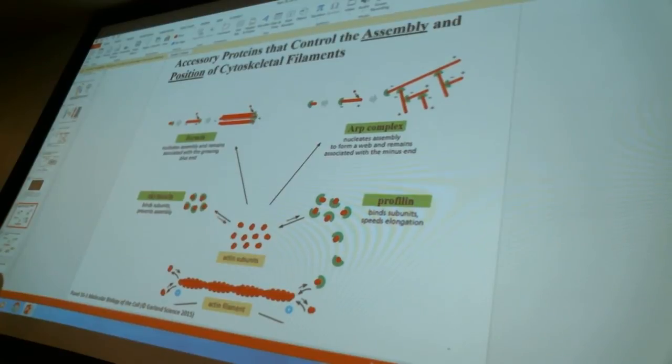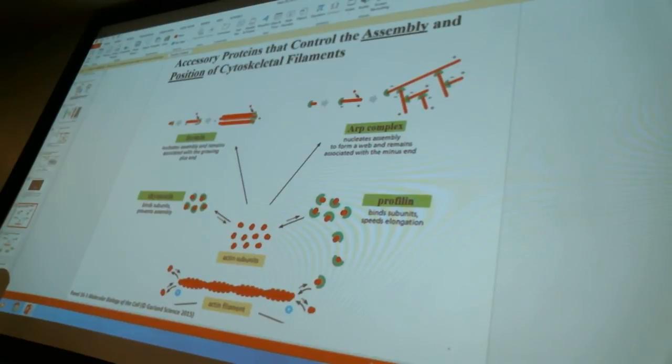So here's an example of a large family of accessory proteins that actin utilizes to polymerize. And various types of accessory proteins are responsible either for assembly or positioning of the skeletal filaments within the cell. I want to point out that one of them is formin, for instance.